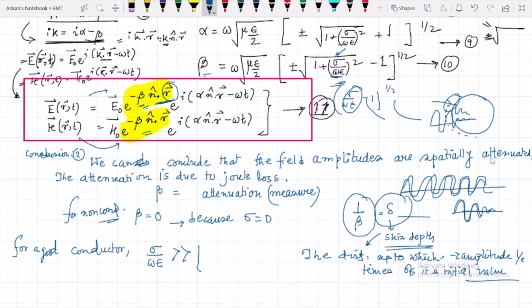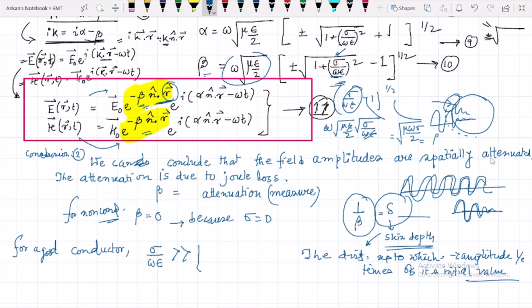Again this term is very high compared to 1, so this implies nothing but sigma by omega epsilon, and this term is outside the parenthesis, so omega into mu epsilon by 2. Epsilon will get cancelled out, and there will be some mu omega sigma divided by 2.